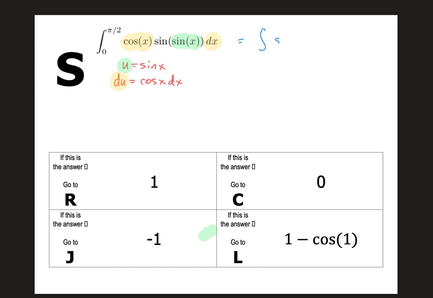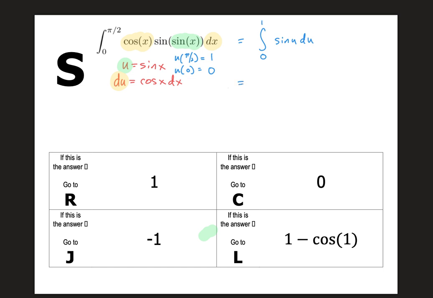So this will just be sine of u du. All right, now we'll change our limits. So we'll do u of the top limit, u of the bottom limit. Sine of pi over 2 is 1, sine of 0 is 0.